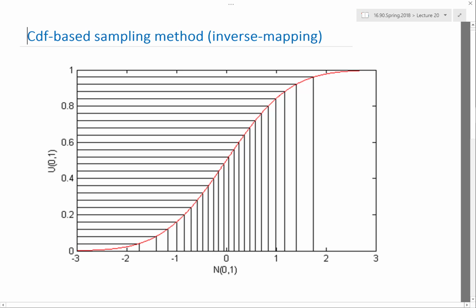So this is an illustration of the CDF-based sampling methods, also known as the inverse mapping method. We sample uniformly on the y-axis and map it according to the inverse of the cumulative distribution function.